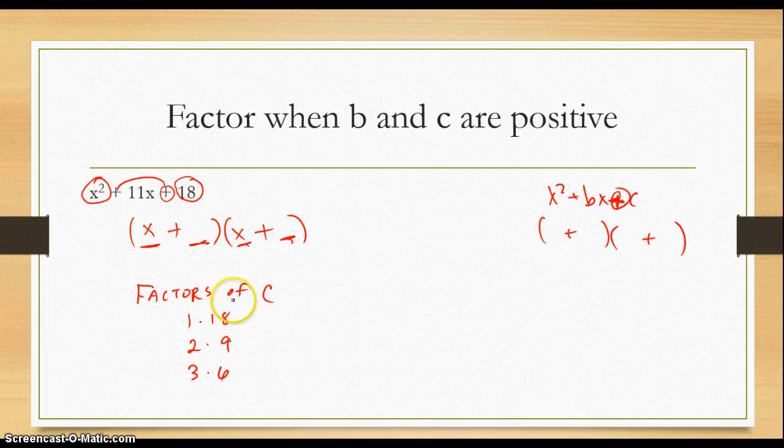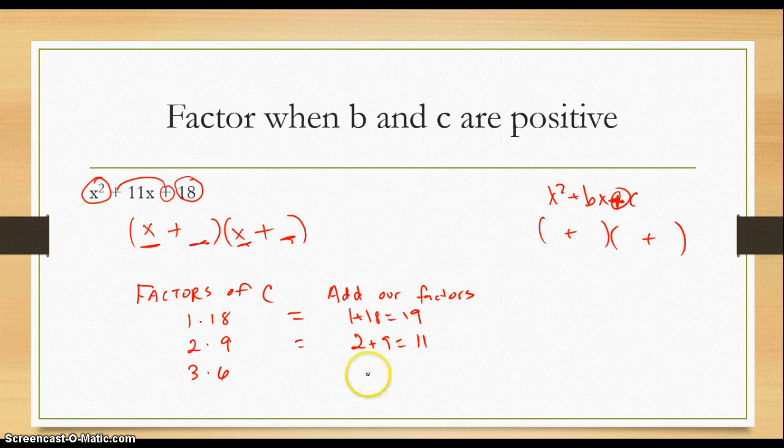Now, factors of c, we have three different choices here. After we find the factors, we're going to add our factors. So 1 plus 18 equals 19. 2 plus 9 equals 11. And 3 plus 6 equals 9.